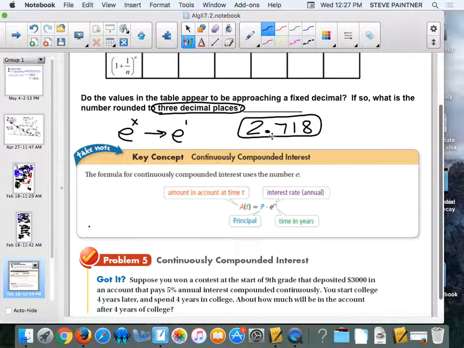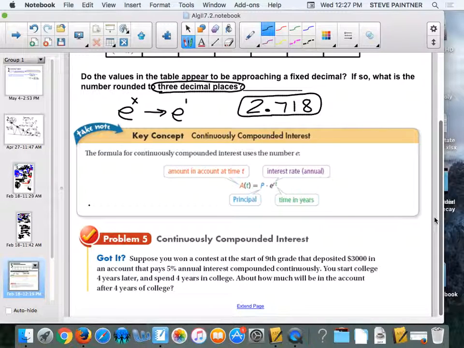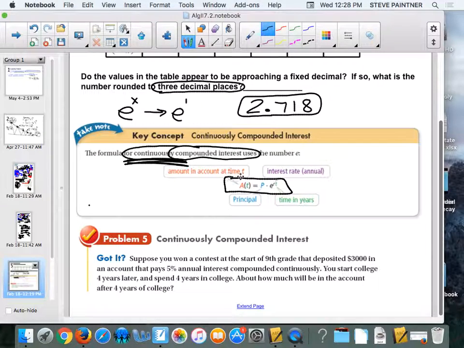This symbol is used in many different formulas. One of the formulas is compound interest, and more or less you will always use it when you hear the word continuously. When things compound continuously, they're talking base E. Here's the formula they're going with.